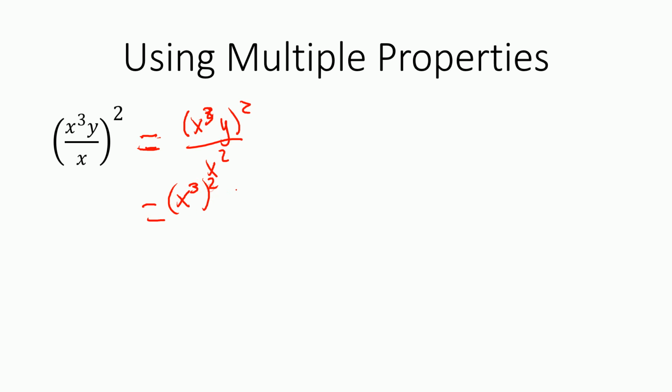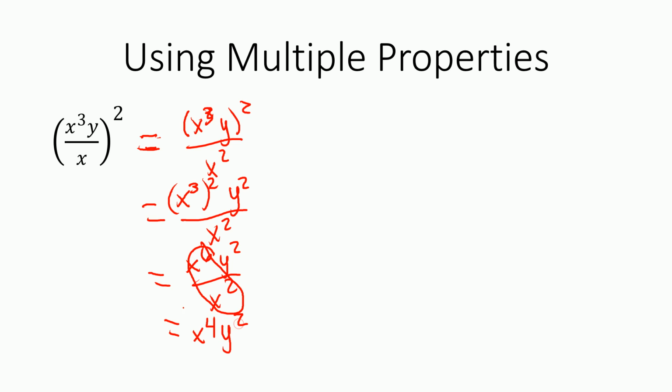So I get x cubed squared y squared over x squared. And then I have a power of a power, so that's x to the 6th y squared over x squared. And now I can match these two up because it's a quotient of powers property, and I have x to the 4th y squared as the final answer.